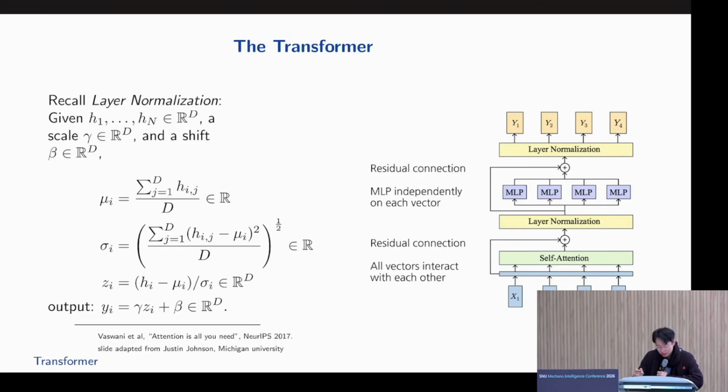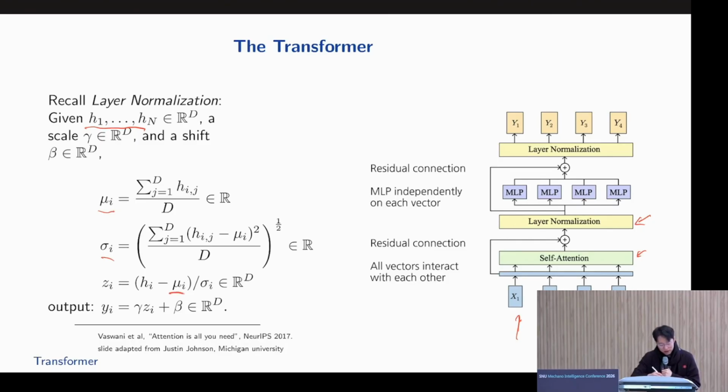Okay, so this is the transformer block. First, it takes the tokens as input and computes the self-attention that we just talked about. Then it applies layer normalization, which we talked about in the previous lecture. Just to remind you, given a set of activations in D dimensions, it computes scalars mu and sigma, the mean and standard deviation.